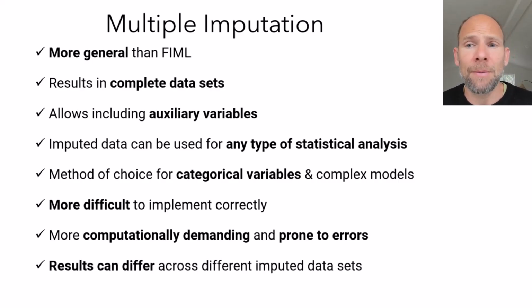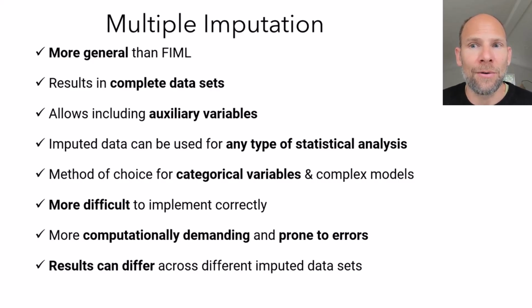Another thing that some people may not like is that the results can differ depending on which imputed data sets you use, how they were generated, and how many you generated. It makes a difference whether you use 20 or 50 or 100 imputed data sets, and if you do it on different computers with different starting value sets, then you may get different results.